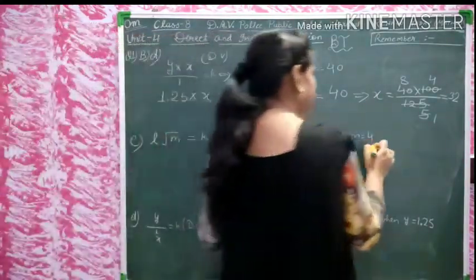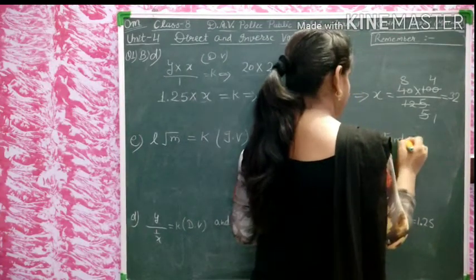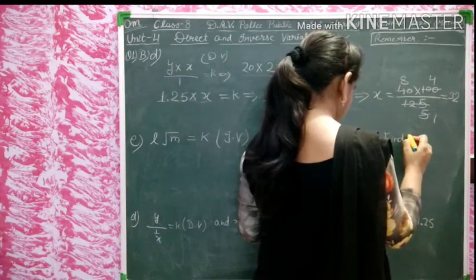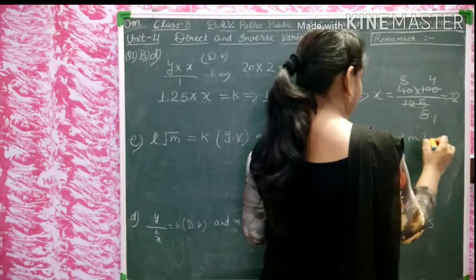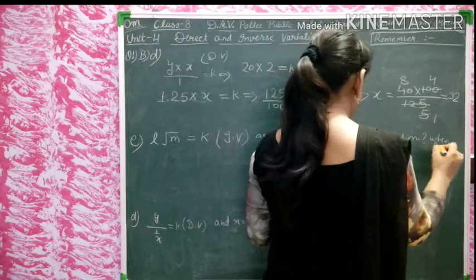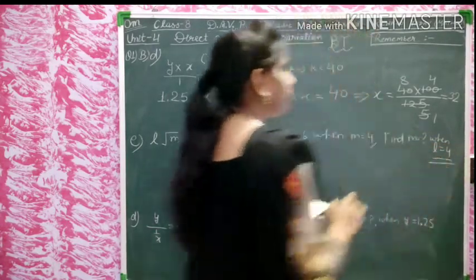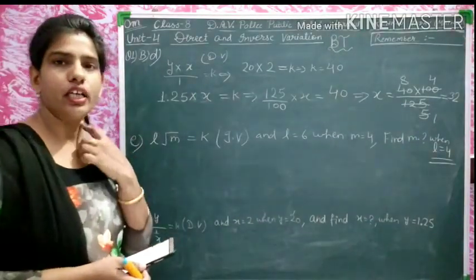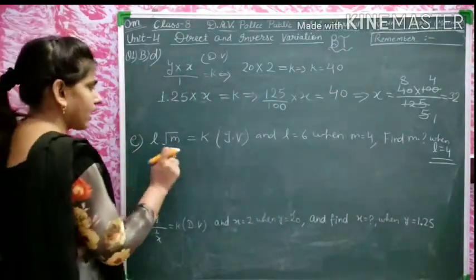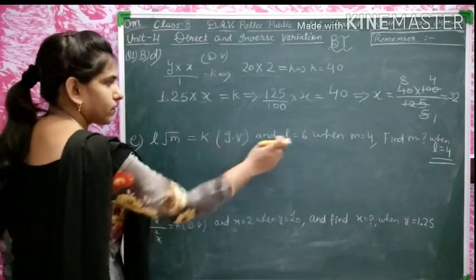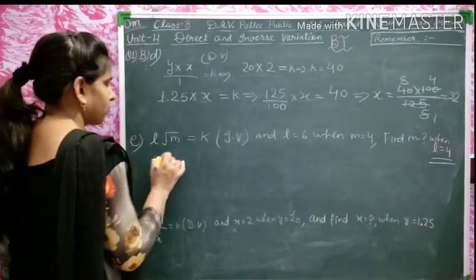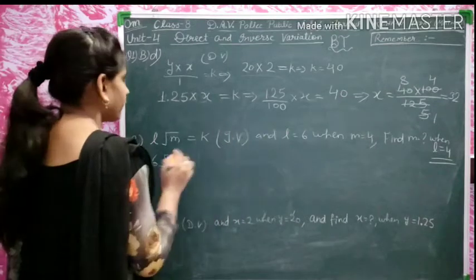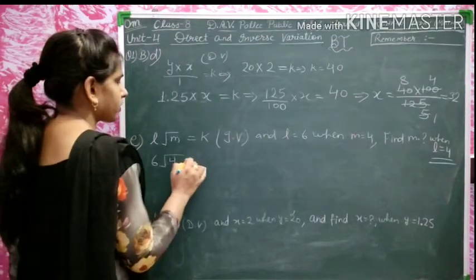Now we will find m when L is equals to 4. We have to find the value of m when L is equals to 4 here. Now students, you are seeing L into root m. What is the value of L? 6 into square root of 4 is equals to k.